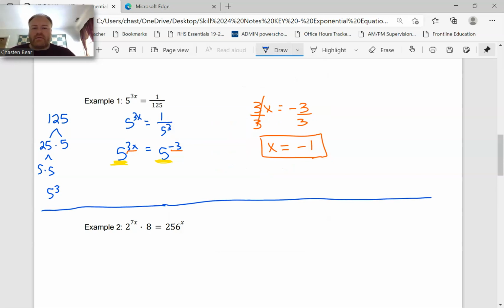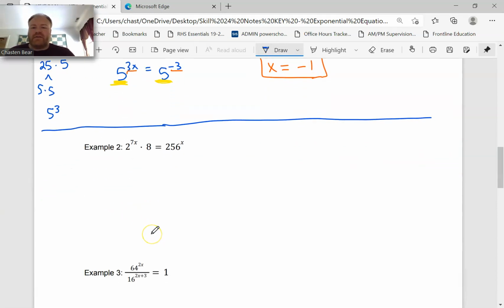For the next one, we can see that we've got 2 to the 7x times 8 equals 256 to the x. Well, I've got 2 as a base here, and I've got 8 as a base here, and I've got 256 as a base here. I bet you that I could write 8 as a base of 2, so 8 is going to be the same as 2 to the third.